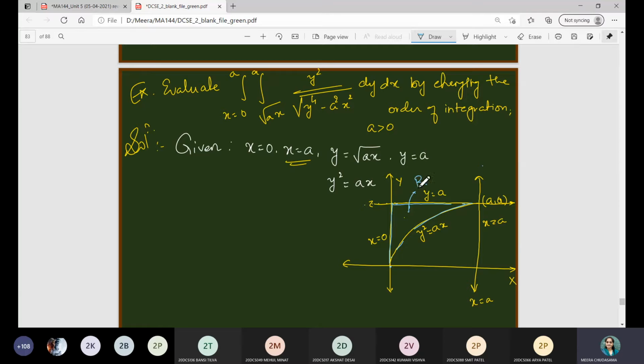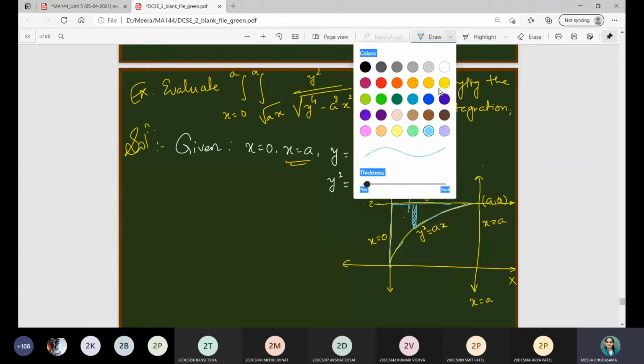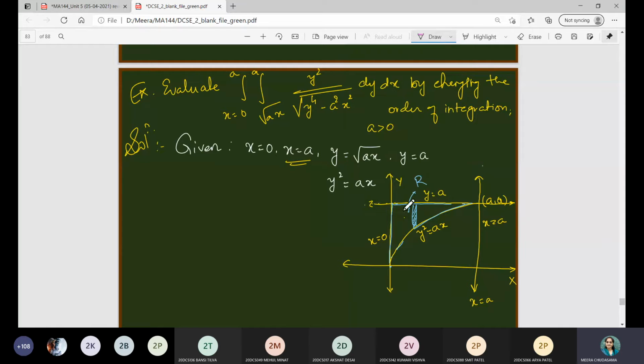We will denote it with R. In that case, the original strip, we are given the value of x is constant, so the original strip is this one, which is vertical in nature. Therefore when you consider the change of order, I have to consider this strip, and in that case the value of y will be constant and the value of x will be varying.